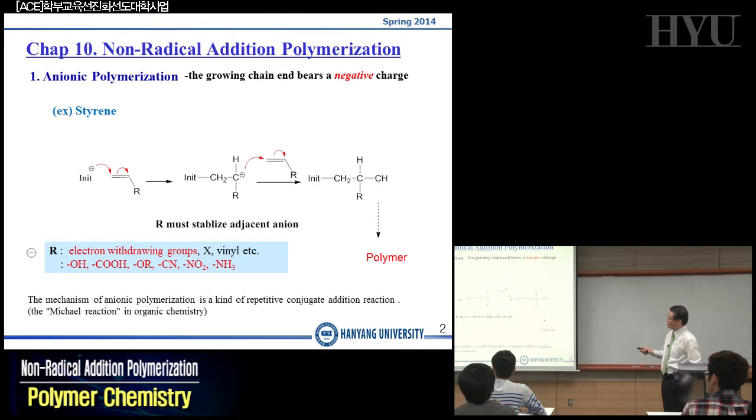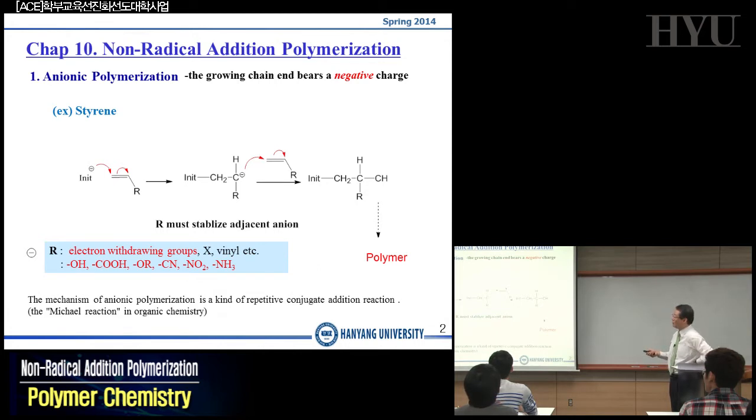Anionic polymerization reactions is the one that you have a negatively charged chain end. Okay, we call this the carbanion, because you have a carbon with the negatively charged ion. Carbanion is formed with the initiator and the double bond containing material, such as styrene, such as vinyl, the monomer.